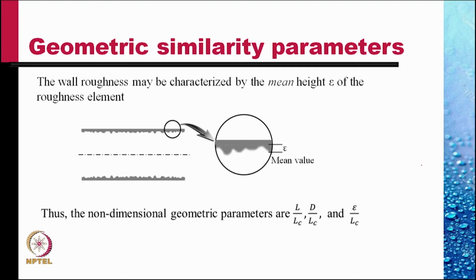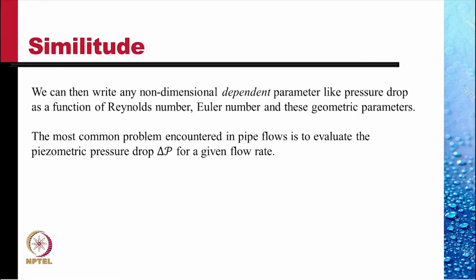We still have to choose what L_C we use. We can then write any non-dimensional dependent parameter like pressure drop as a function of Reynolds number, Euler number, and these geometric parameters. The most common problem encountered in pipe flows is to evaluate the piezometric pressure drop delta P for a given flow rate.